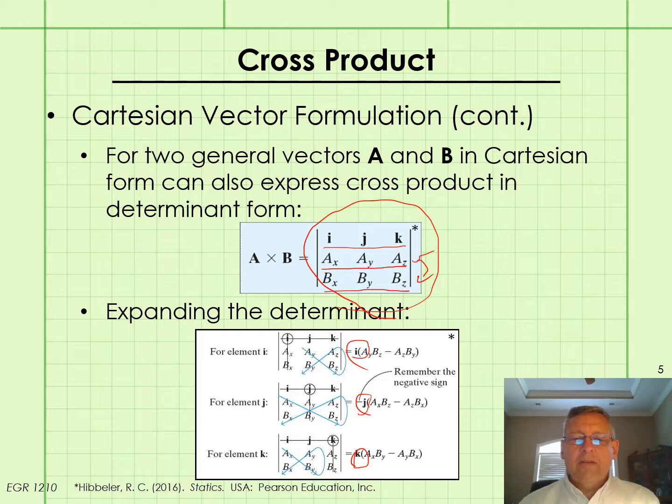And to generate the I term, doing determinant math here, we cross out the row that contains I and the column that contains I, and what's left is known as the minor of I. And what we're going to do is start with the upper left term, multiply it by the term across the diagonal here, and then say minus the product of these two terms.